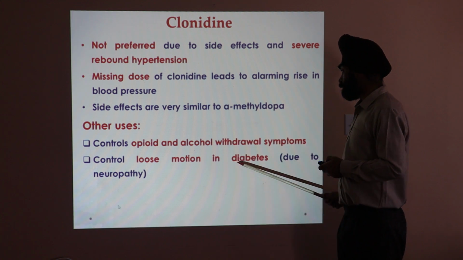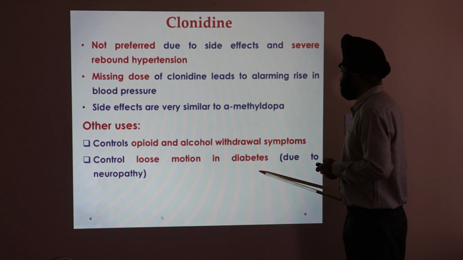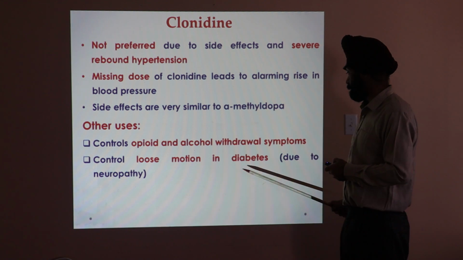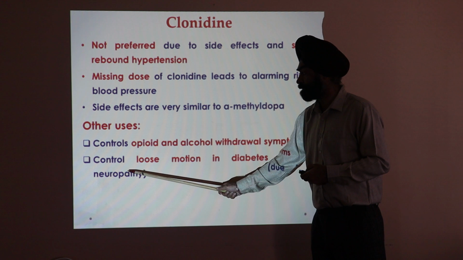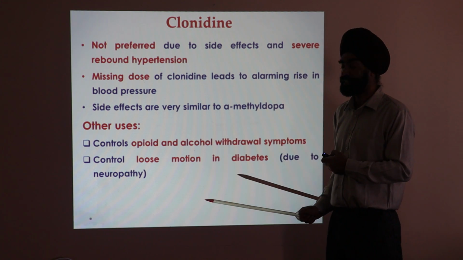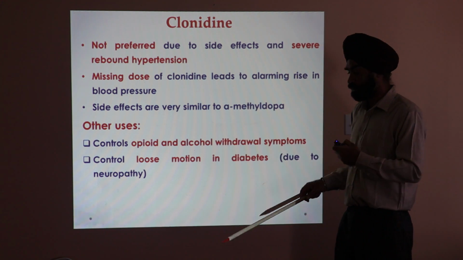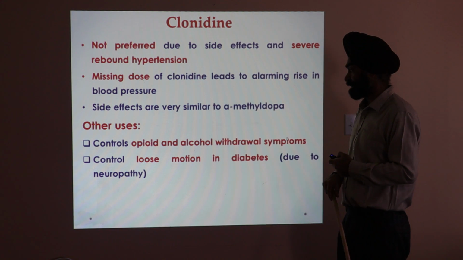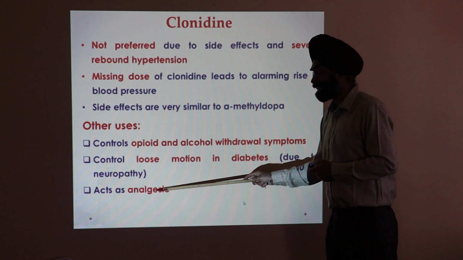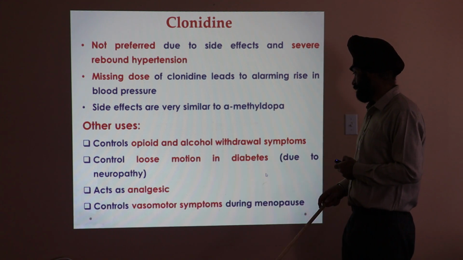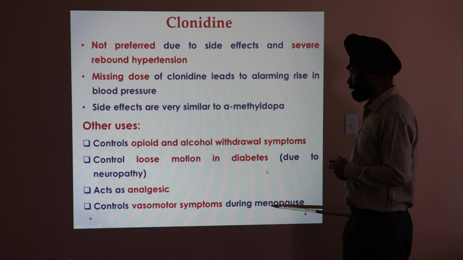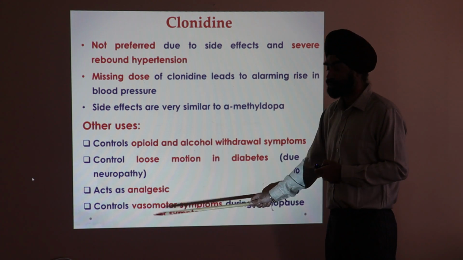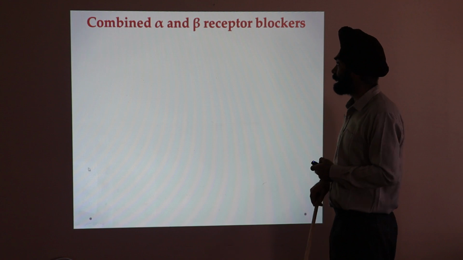It can be used to control loose motions in diabetic conditions. A long-standing diabetic develops a number of complications, including autonomic neuropathy, and one of the manifestations is loose motions. That is not controlled by commonly used drugs, so you can give clonidine in that condition. It also acts as an analgesic, a pain reliever, and in menopause it may be used to control vasomotor symptoms. These are the other uses of clonidine apart from antihypertensive use.